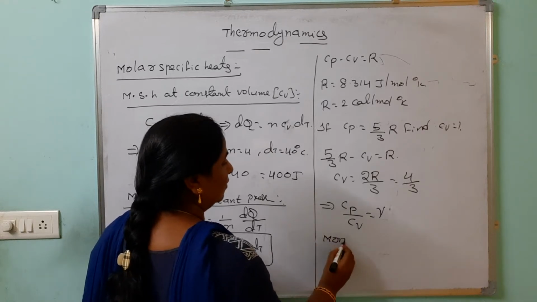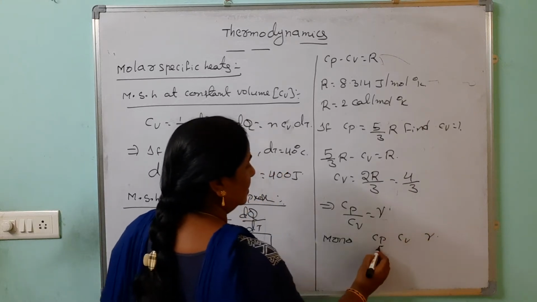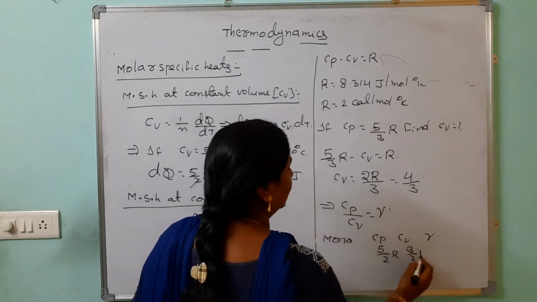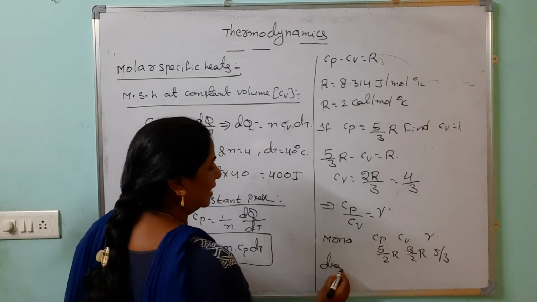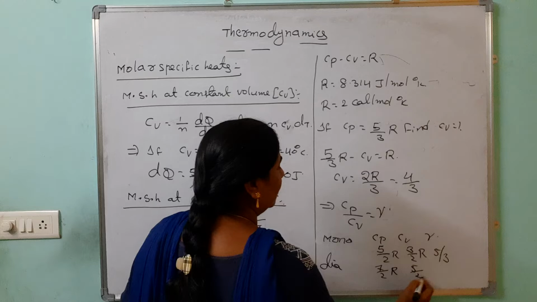For monoatomic gas, Cp is 5 by 2 R, Cv is 3 by 2 R, and gamma is 5 by 3. For the diatomic gas, Cp is 7 by 2 R and Cv is 5 by 2 R.